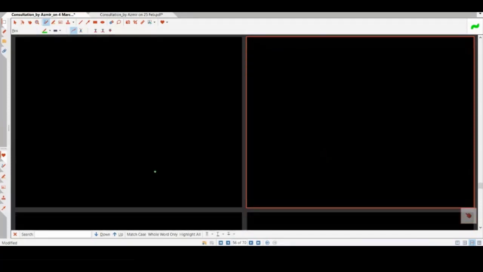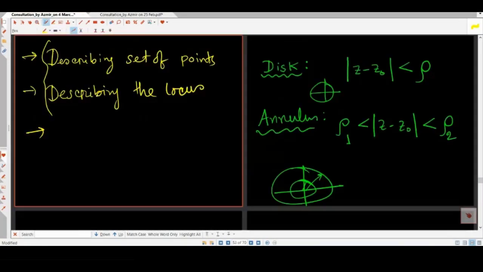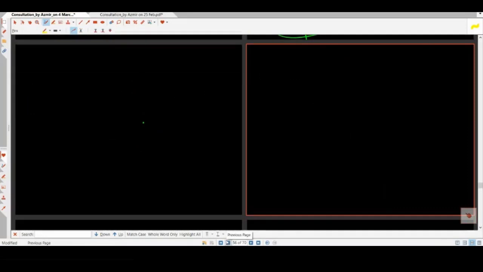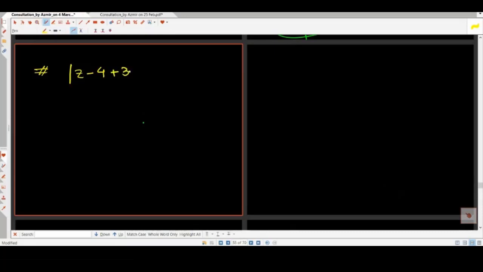So let me start with a problem so that you can directly understand what I mean to say. Besides describing a set of points or describing the locus, the alternate form will be describing the region. Suppose you have one inequality: modulus of z minus 4 plus 3i is less than 5.